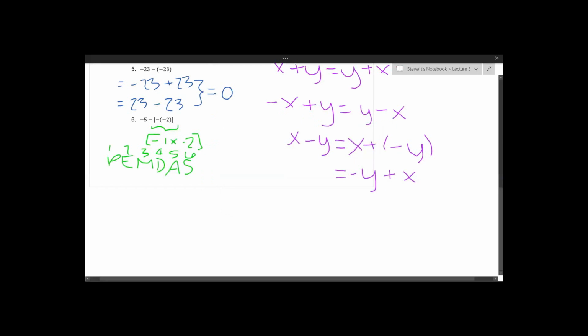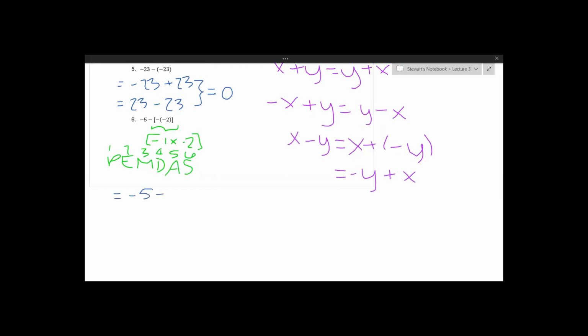So if we take care of what's in parentheses, we're going to be left with -5 minus, and then -1 times -2 is a +2. So in that parentheses we're going to have -5 minus 2, which is equal to, you can drop the parentheses now, -5 minus 2.